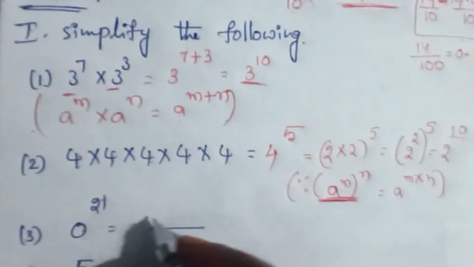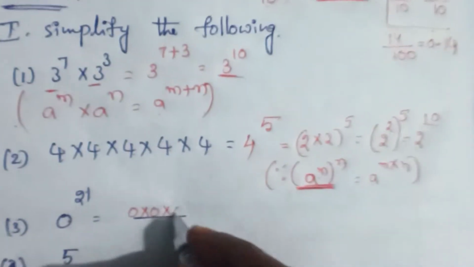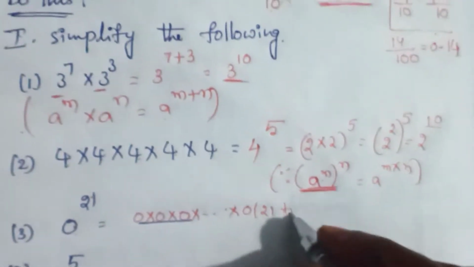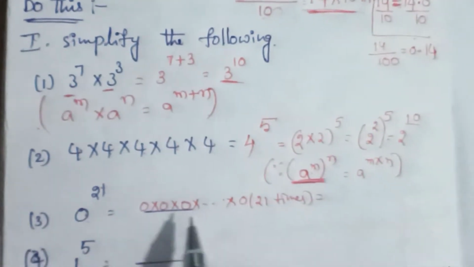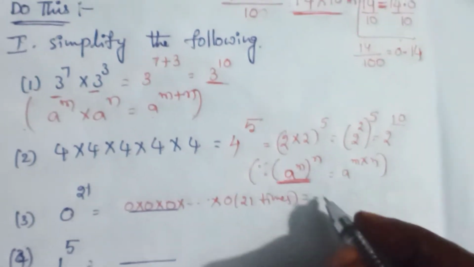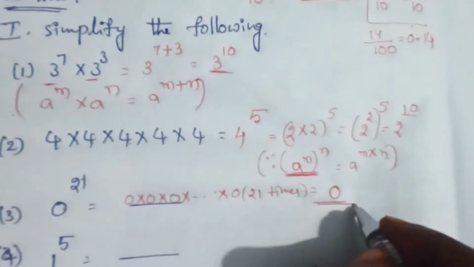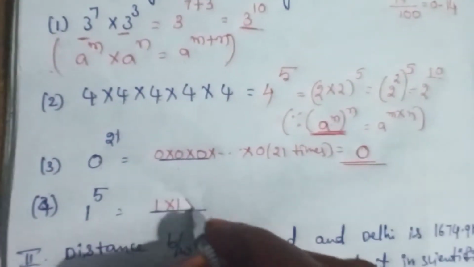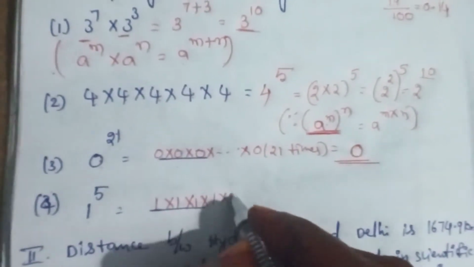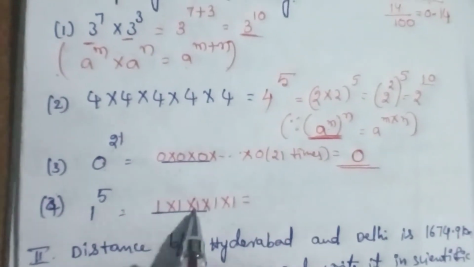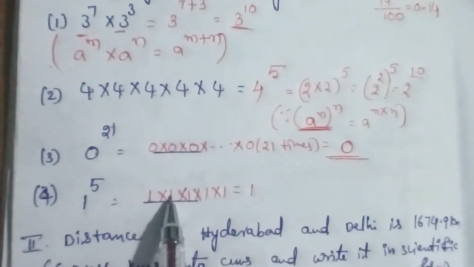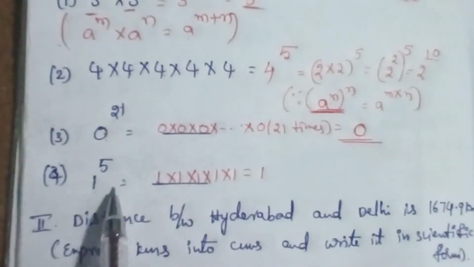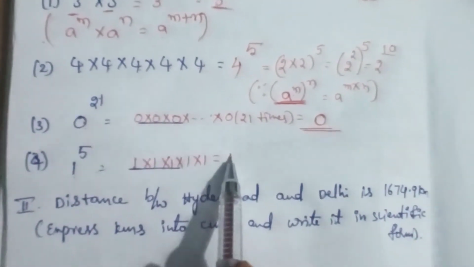0 power 21 means 0 into 0 into 0 into 0 into 0, how many times? 21 times. 0 into anything is 0, so the answer is 0. Okay, 1 power 5, so 1 into 1 into 1 into 1 into 1, you get only 1.